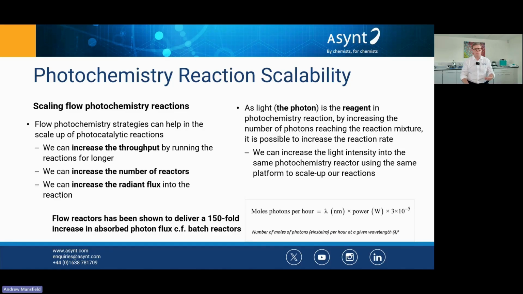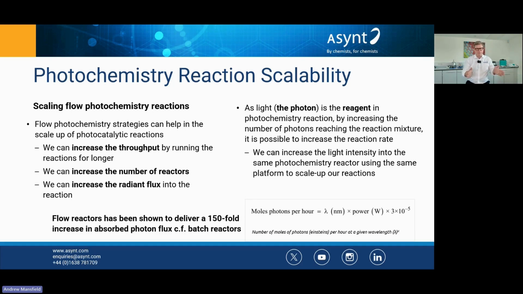When we scale a continuous photochemistry reaction, we're looking at a number of different strategies, and these are similar to how we would scale up a traditional flow chemistry experiment. We can increase the throughput of the reaction by just leaving the reaction running for longer, so we're not having to change any of our reaction conditions.